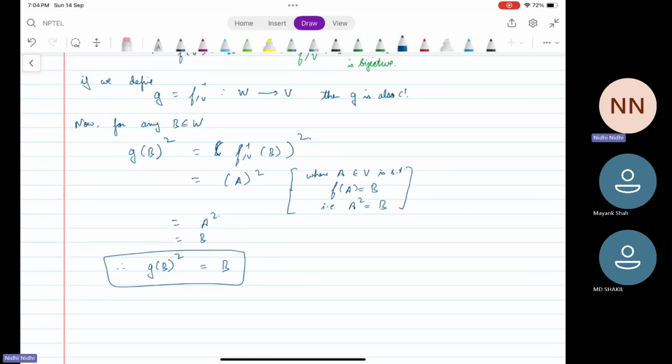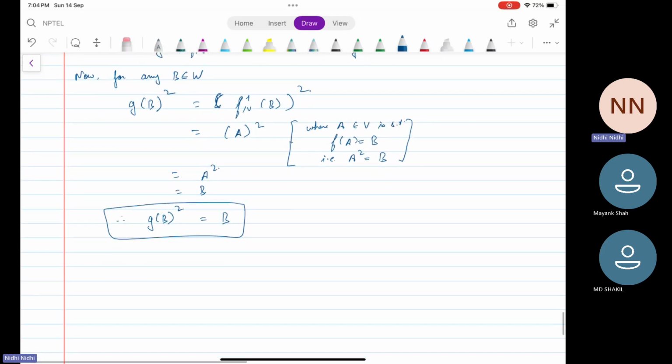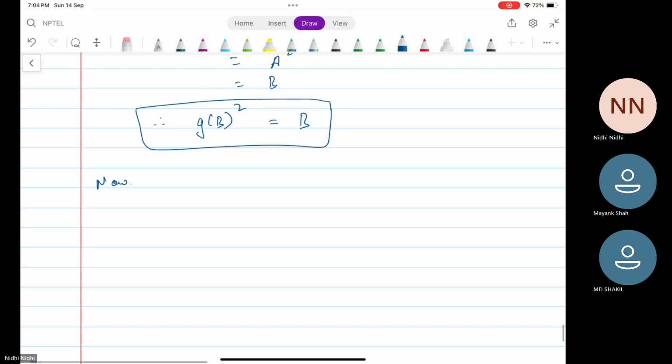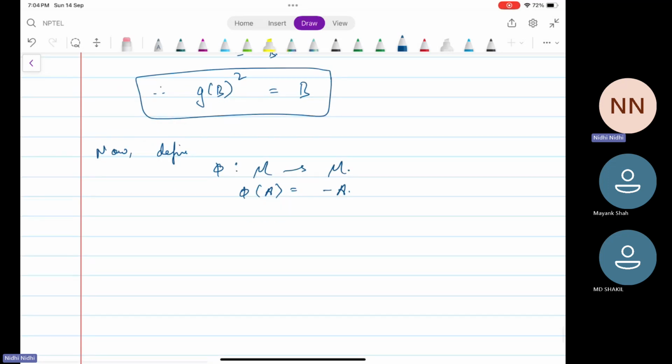Now, if we take just the negative of this function G, suppose I define some map phi from M to M, which maps A to minus A, and then compose it with G. Clearly, this phi is a C1 map, and H, which is phi composed with G, is C1.